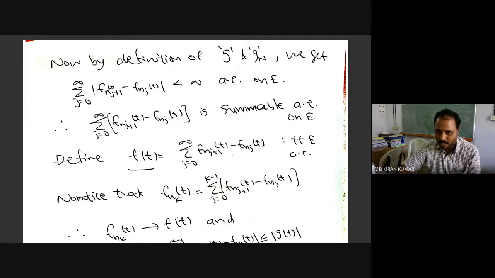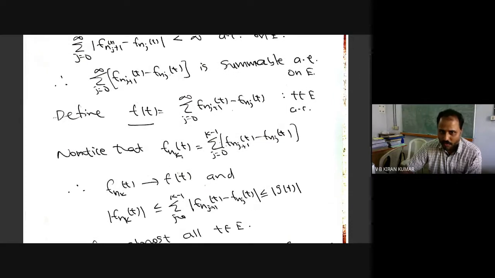Now we use this convergent series to introduce our candidate, because ultimately we want to prove that fn converges to some f. So we define f of t to be the limit of the summation over j equal to 0 to infinity of f_{n_{j+1}}(t) minus f_{n_j}(t). This is defined only for almost all t belonging to E.